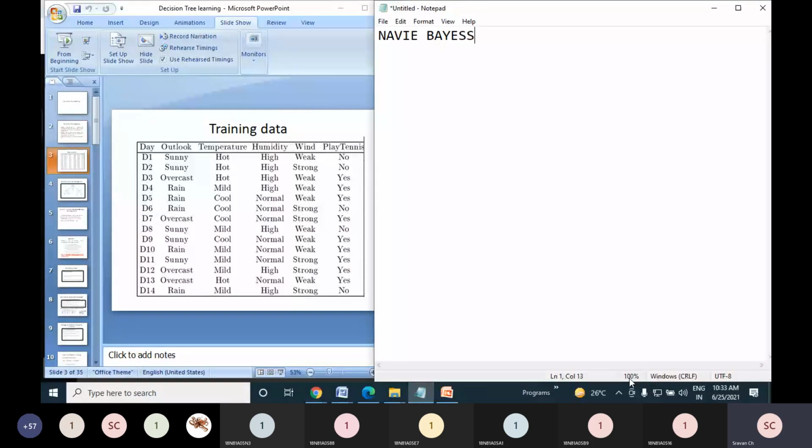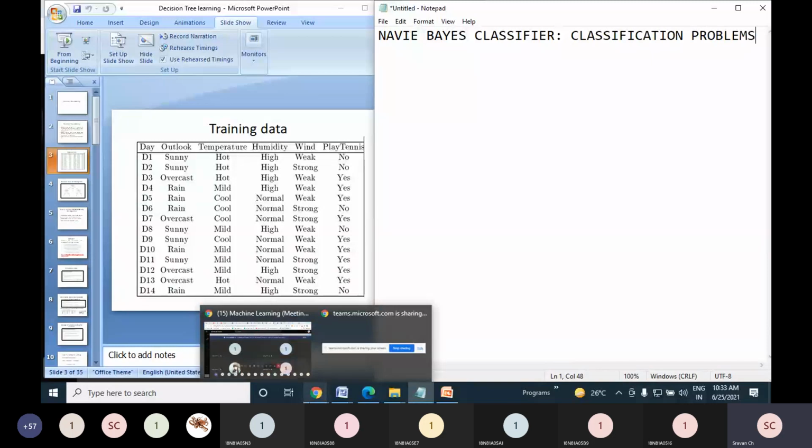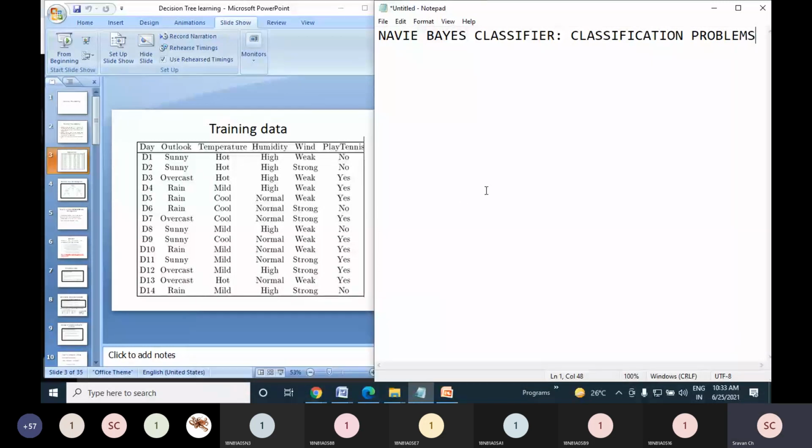The name itself says it is used for classification problems. In our training data on the left side, this data set we have used in our decision tree example. I have 4 attributes called outlook, temperature, humidity, wind.